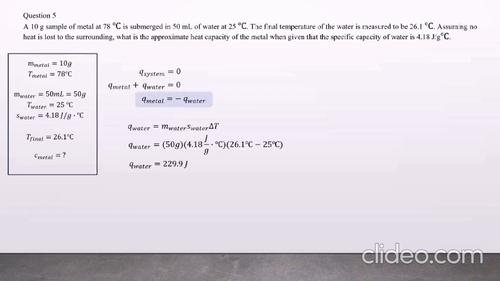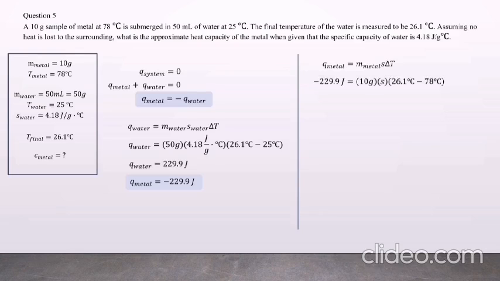From the equation Q metal is equal to negative Q water, we know that Q metal is equal to negative 229.9 joule. Back to the question, we are asked to find the approximate specific heat capacity of the metal. So we can use the equation Q metal is equal to m s delta T. When the metal is put inside the water, the final temperature of the metal is eventually the same as the final temperature of water.